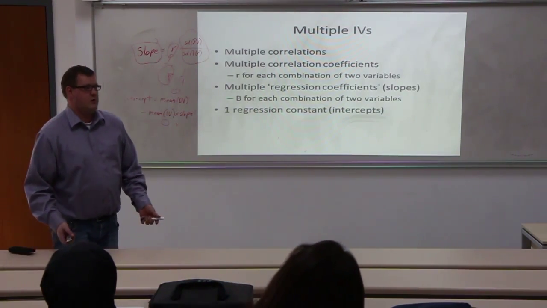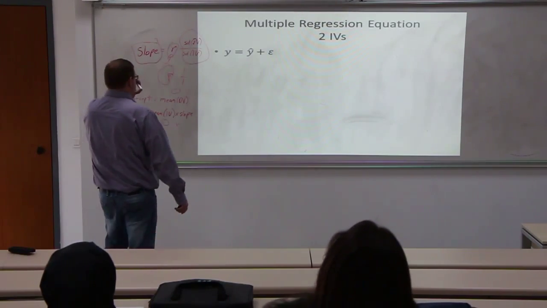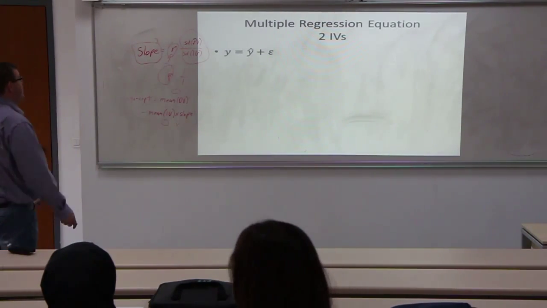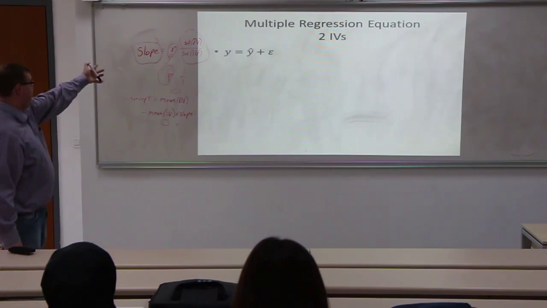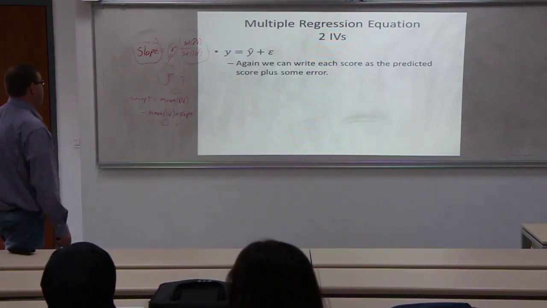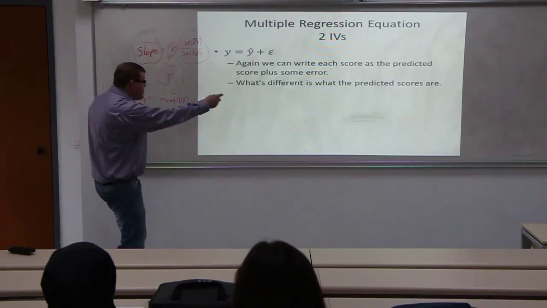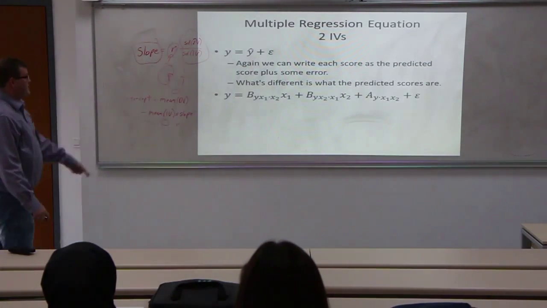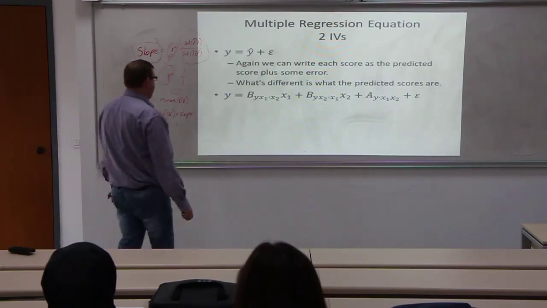Okay, so with our multiple regression equation, again, we can just write it like this, very simply. Y is equal to our predicted y's plus some error. We can change what the predicted scores are. So this is basically what you guys said before.